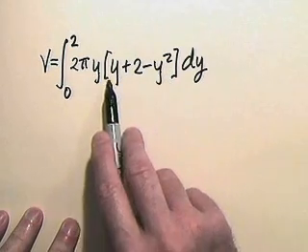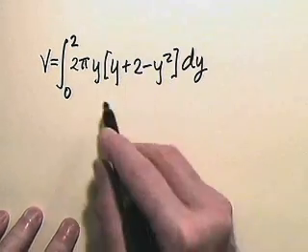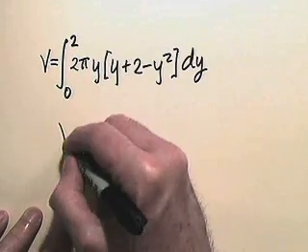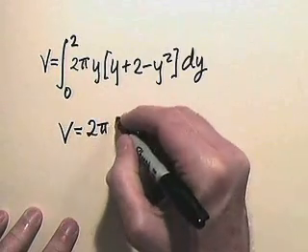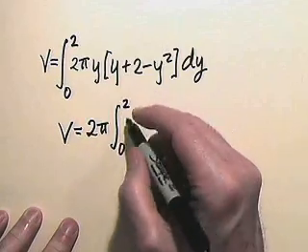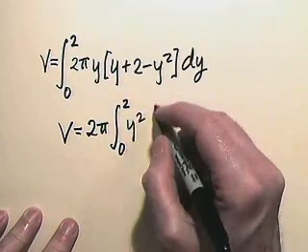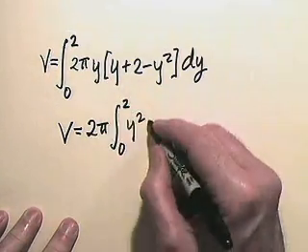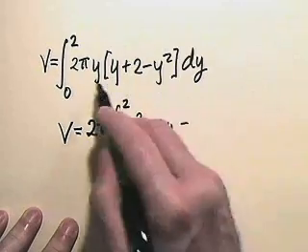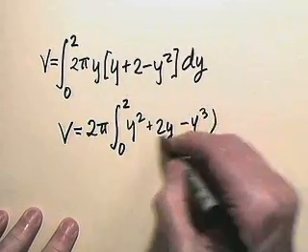Now, the first thing to do is multiply the y through, take out the 2 pi, so V is equal to 2 pi integral from 0 to 2, y times y is y squared, plus 2y minus y cubed.